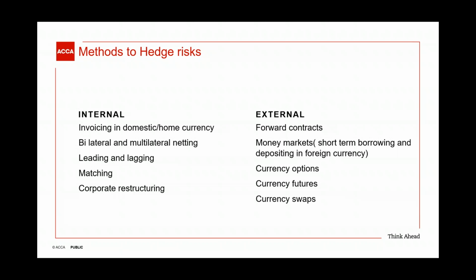If you think your home currency is going to appreciate, it makes sense for you to delay a payment. But if you think your home currency is going to depreciate, it makes sense for you to lead or to make the payment immediately. So if you think it's going to appreciate, lag the payment or delay it. If you think it's going to depreciate, lead the payment or make it early. Matching is you try to match foreign currency assets and liabilities and so forth.